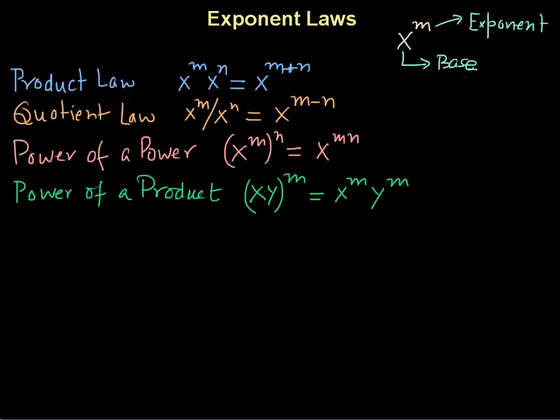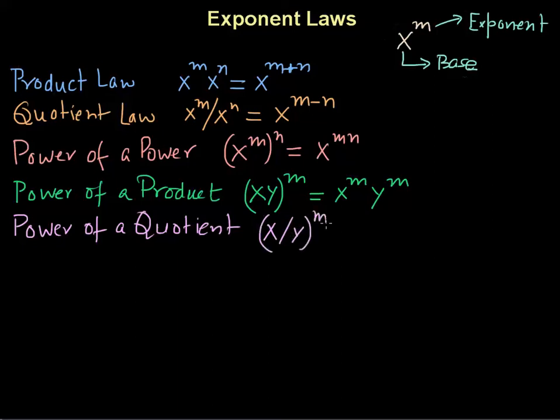Thereafter it comes to the power of a quotient. So let's write down power of a quotient. In power of a quotient, if I have x divided by y to the power m, we did multiplication before, now we are doing a division for x upon y to the power m, then we get x to the power m here, and we get y to the power m here.